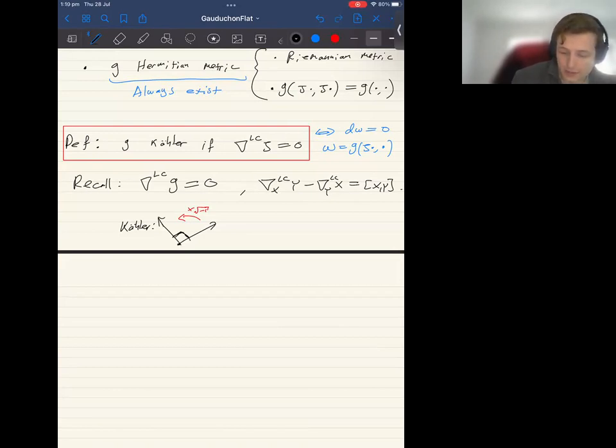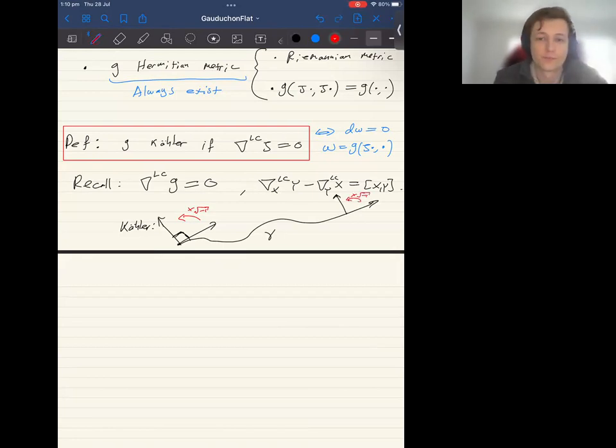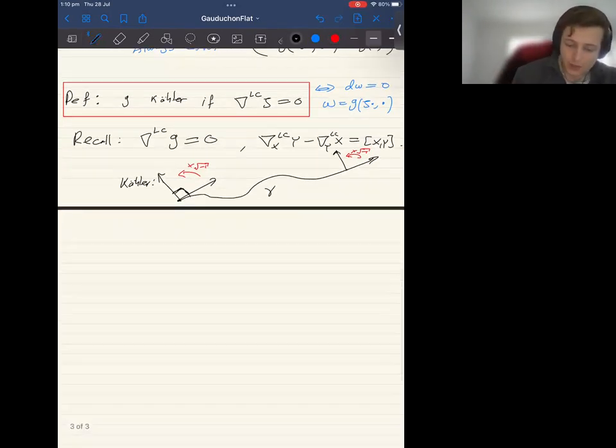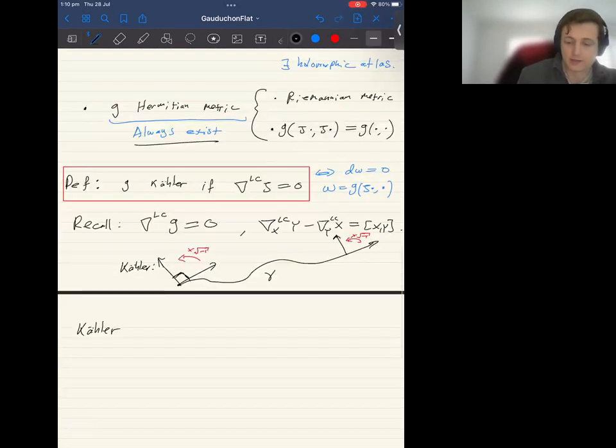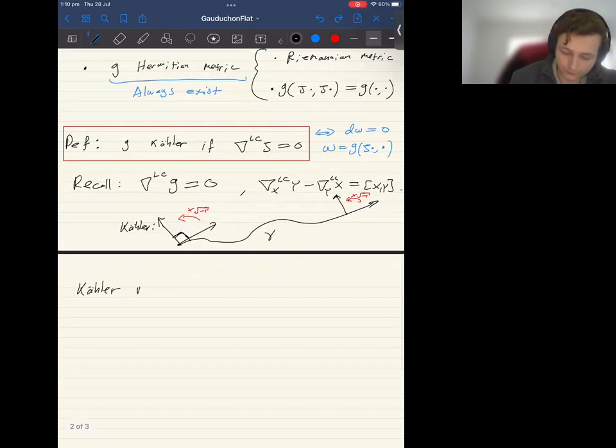And the Kähler condition means if I parallel transport along some curve, then this multiplication by i commutes with this parallel transport. So these are somehow the nicest Hermitian metrics. But there's a problem. Hermitian metrics always exist, again using this partition of unity argument, but Kähler metrics are topologically obstructed.